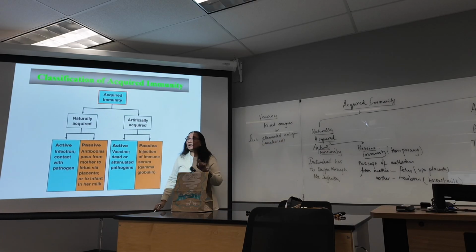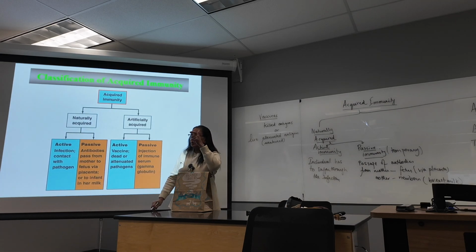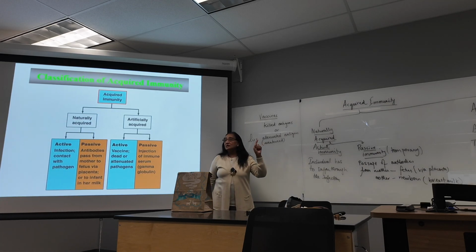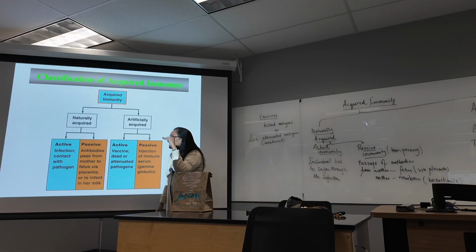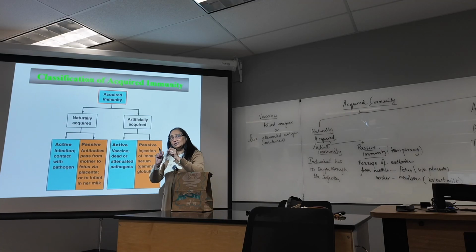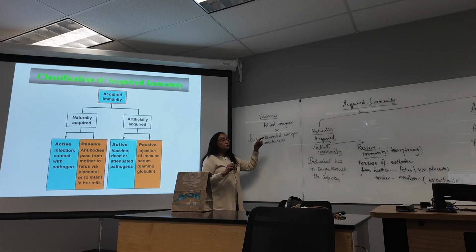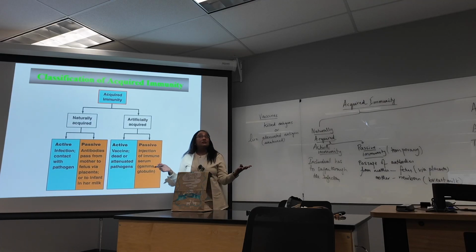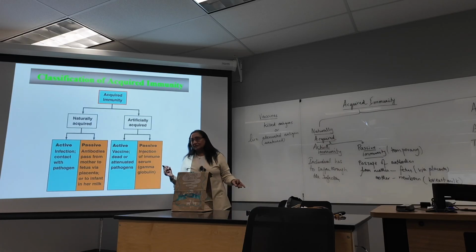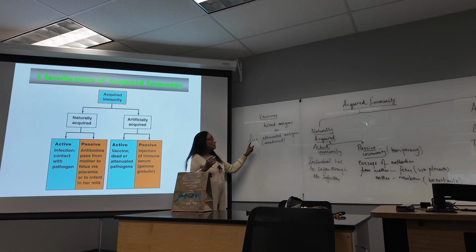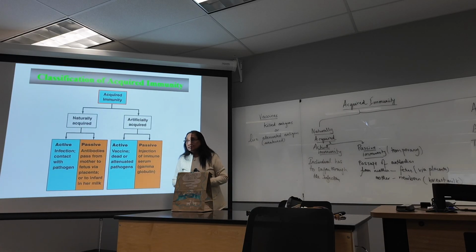So they are not virulent enough to cause disease. Their potency to cause disease is weakened by doing some tweaking in the lab. Okay? So you take the pathogen, you completely kill it, that is called a killed vaccine. Or live attenuated vaccine.